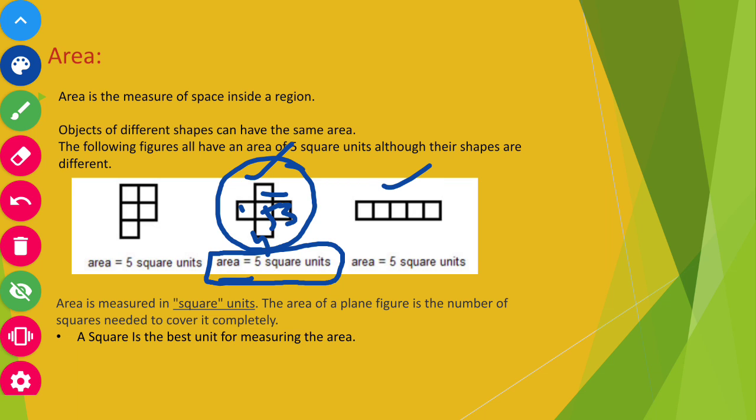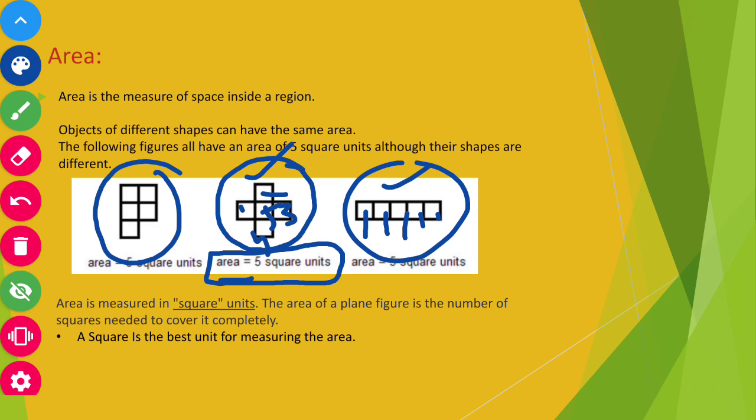Even in the third example, the area is 5 square units. So what you observed here, all three have different shapes, but the area is the same, isn't it, children?